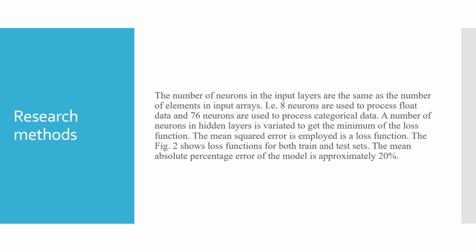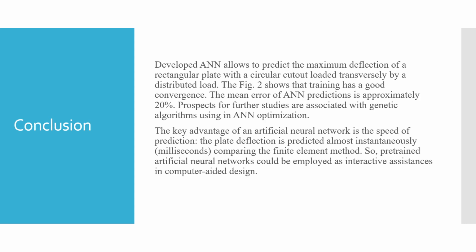The number of neurons in the input layers are the same as the number of elements in input arrays. For example, 8 neurons are used to process numerical data and 76 neurons are used to process categorical data. A number of neurons in hidden layers is varied to get the minimum of the loss function. The mean squared error is employed in a loss function.